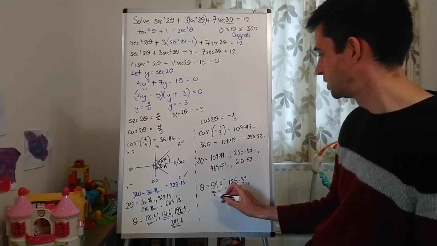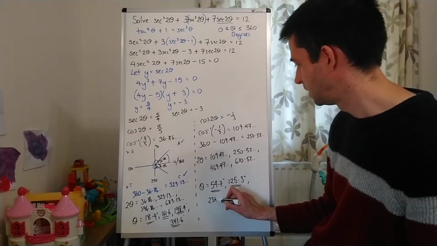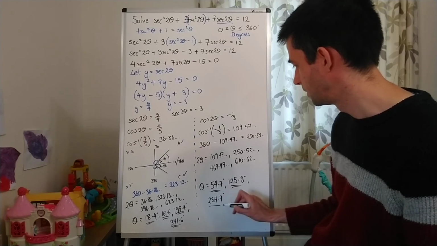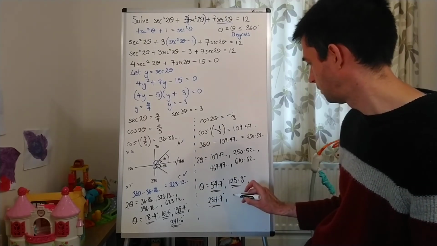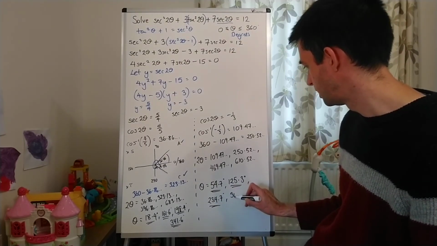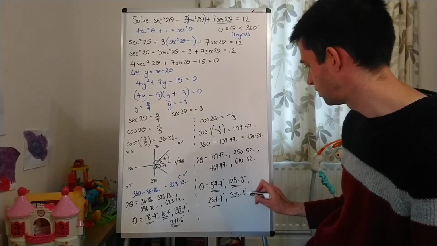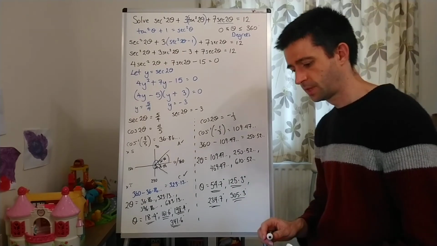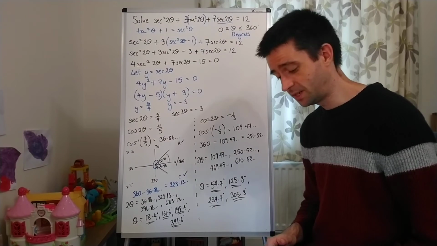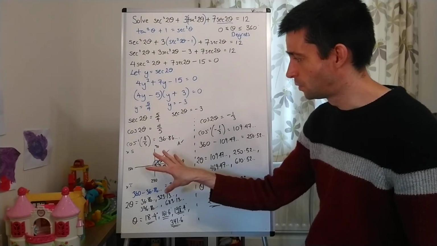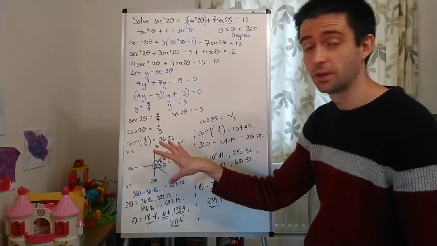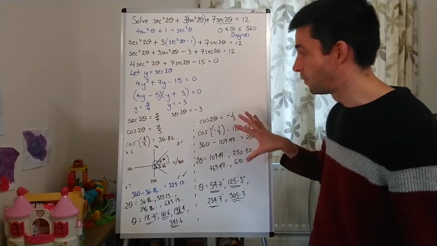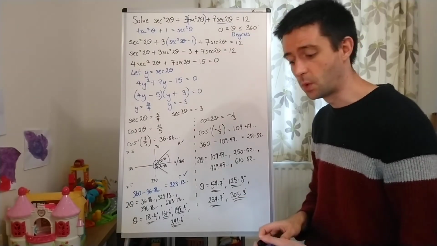Which means then we'll also get 234.7 degrees and 305.3 degrees. All solutions to 1 decimal place. There's 8 in total. 4 from cos 2 theta equals 4/5, and 4 from cos 2 theta equals negative 1/3.